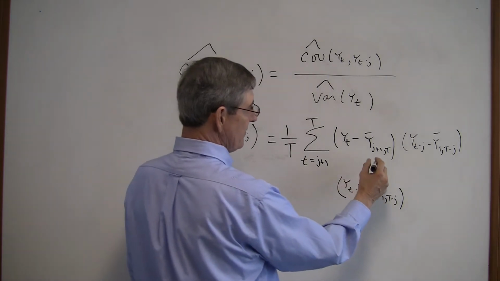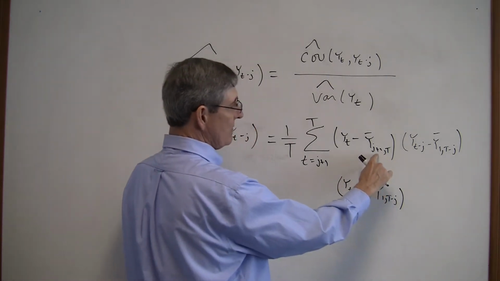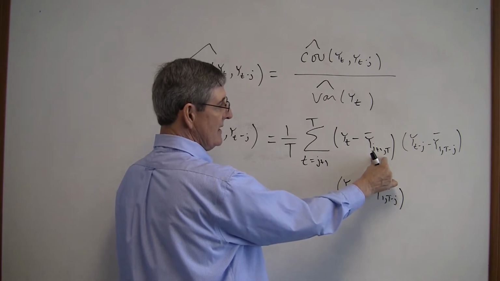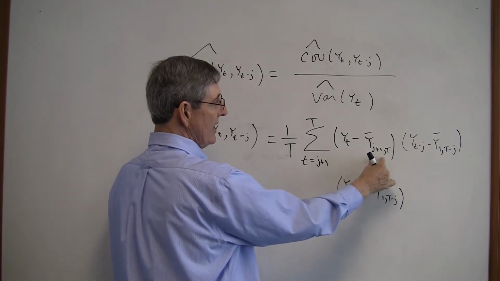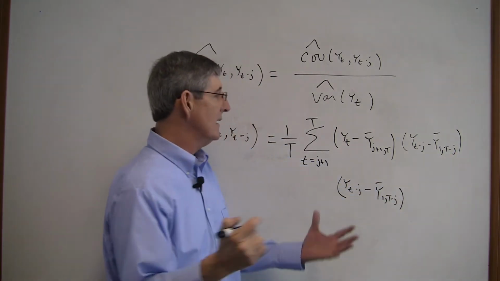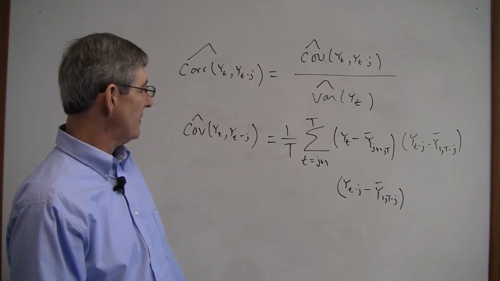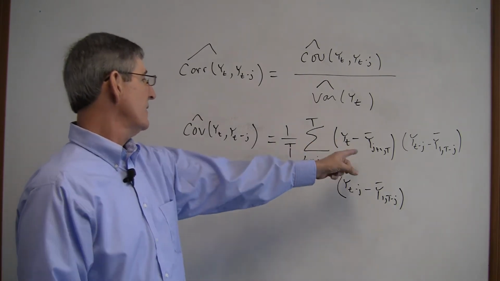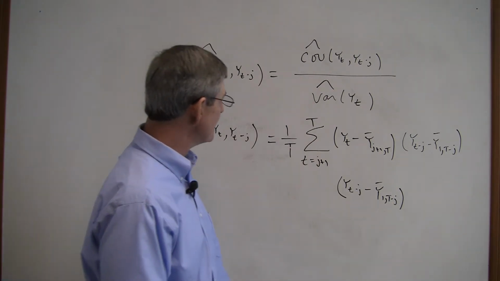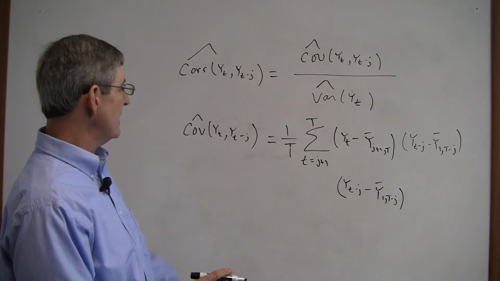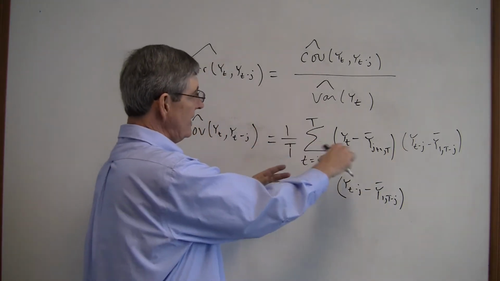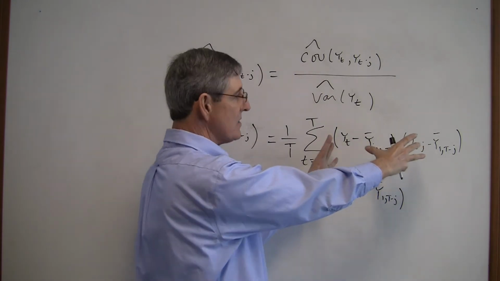This just means the mean calculated from j plus 1 to T, so this is the data range. For yt, that's all the data that's available. For yt minus j, it goes from 1 to T minus j, again because of the available data. This notation is just accounting for the fact that we've lost j observations. So this is the formula you would use to calculate it. It's basically the average, 1 over T, of the covariances in each time period.